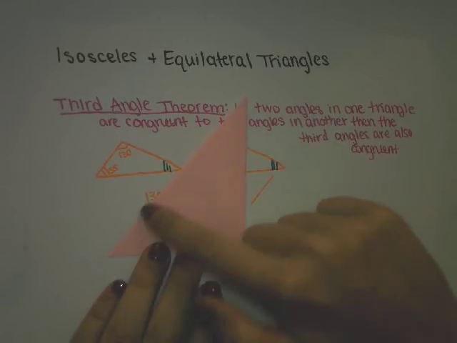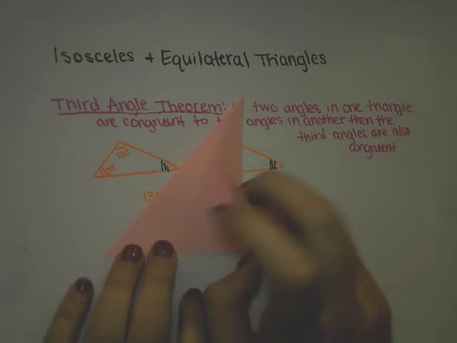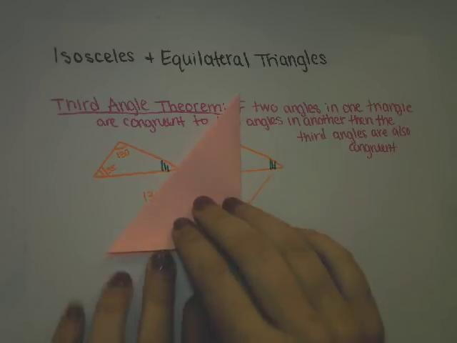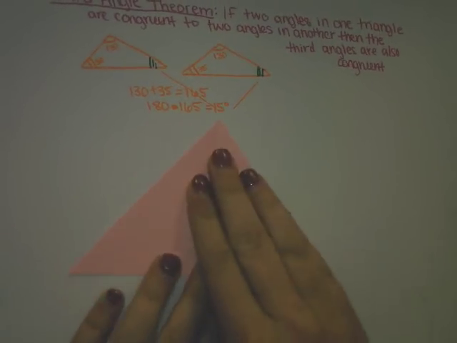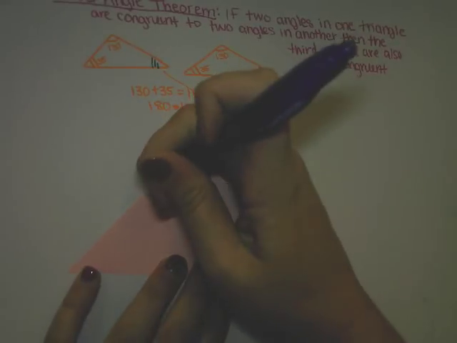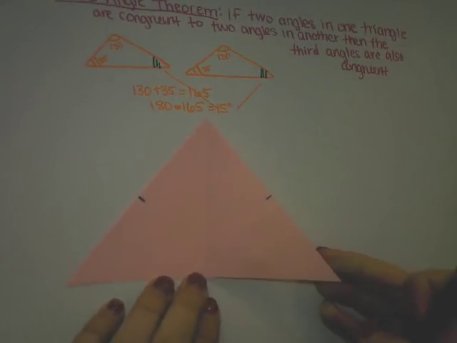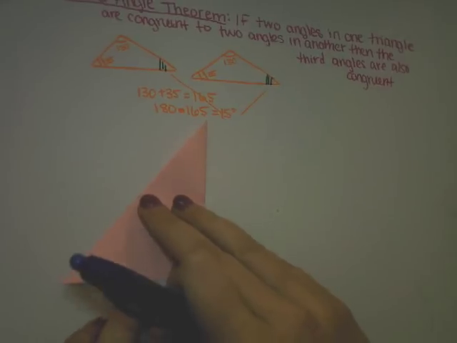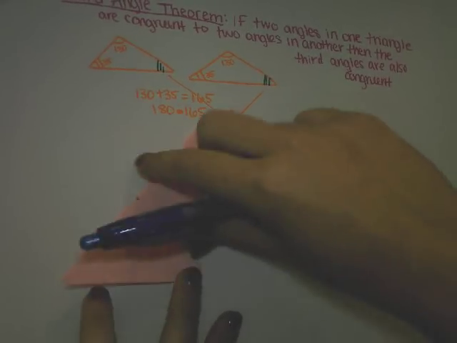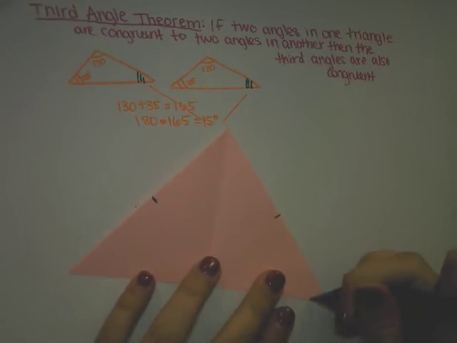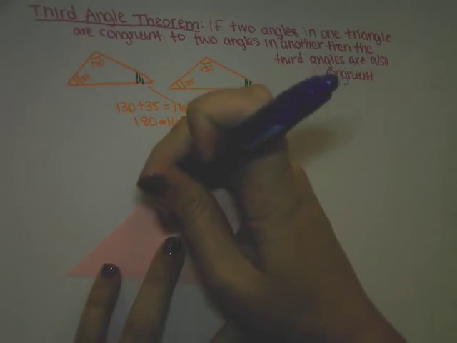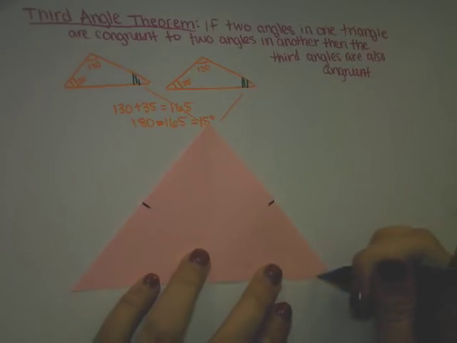I wanted to cut this triangle so that this side lines up with the side that's underneath of it, okay? This is going to make an isosceles triangle because those sides lined up. So this side and this side are the same because when I had it folded, they're right on top of each other. So those sides are congruent. So we know it's isosceles because we've got two sides congruent.